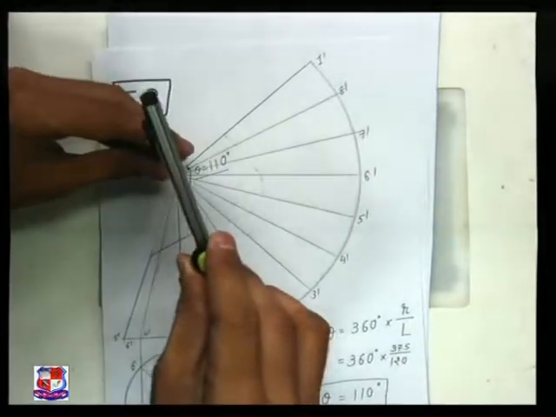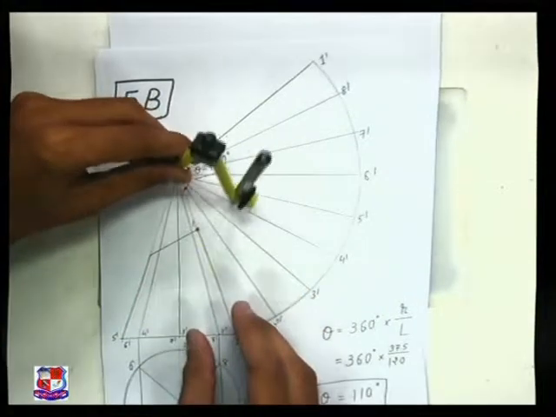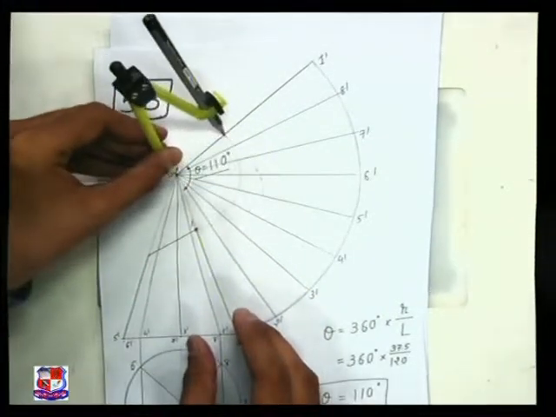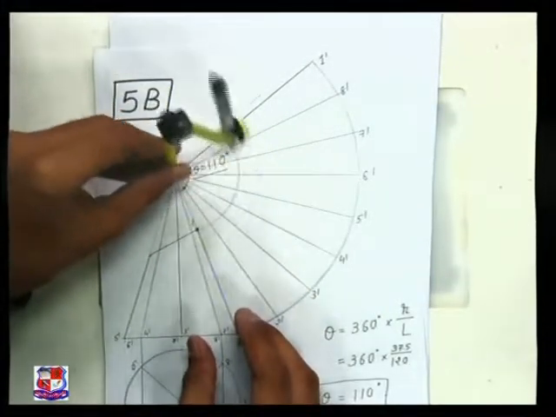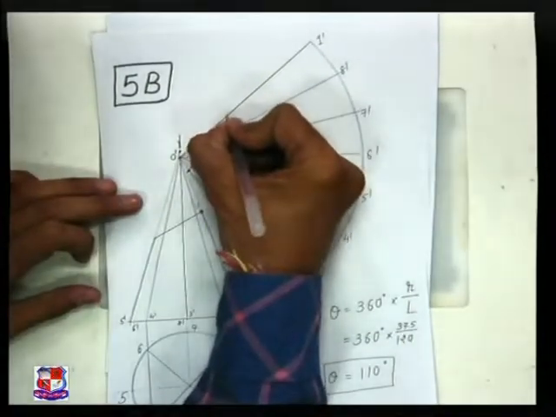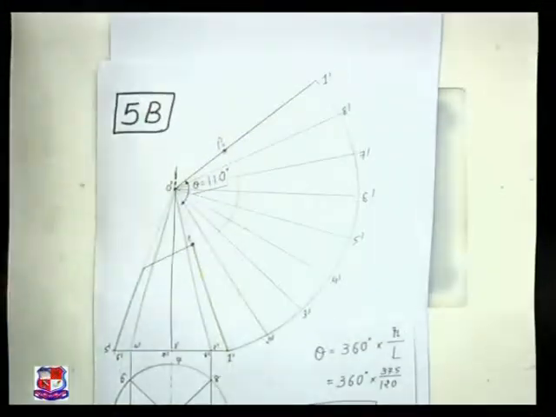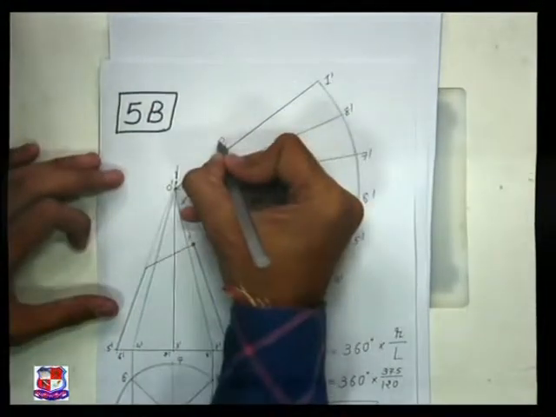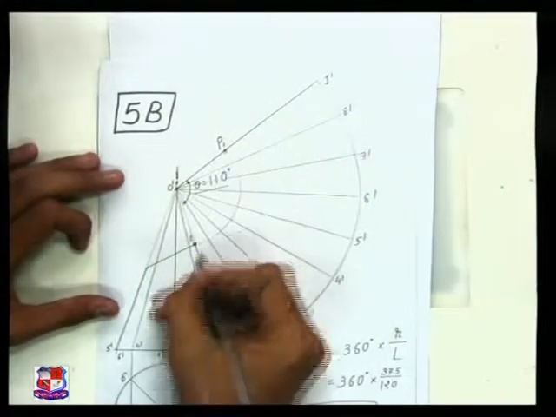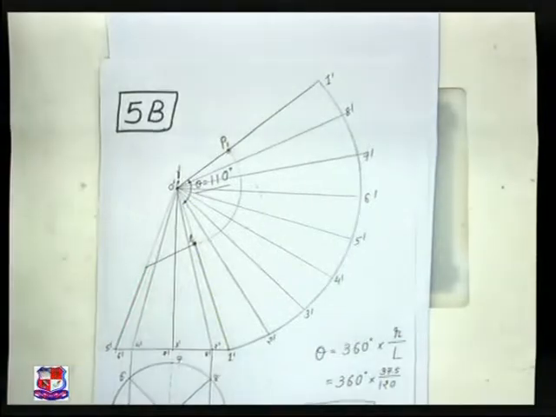Take O dash as a center, O to P1 as a radius, draw an arc. That arc will cut O1 at one point like this. So point P1 is here. Here is point P1. And here also the P1 point would be there because it is on the O dash 1 dash generator.